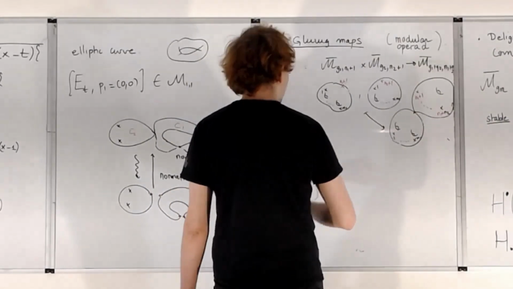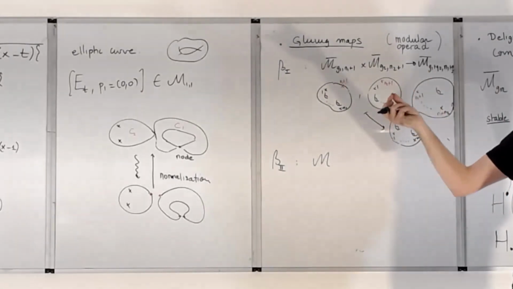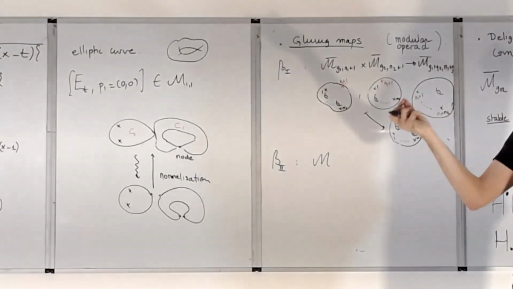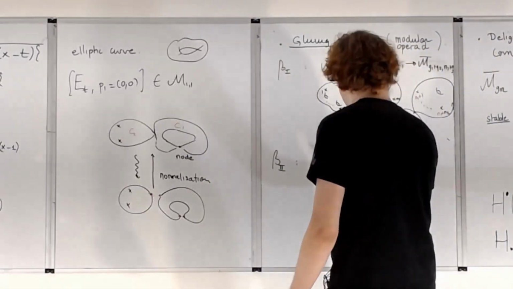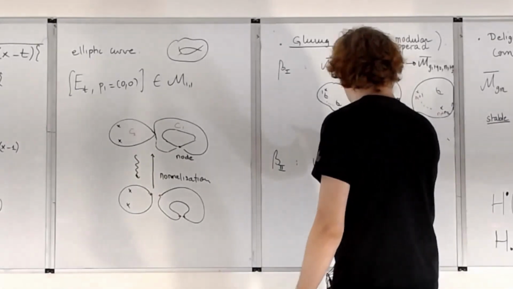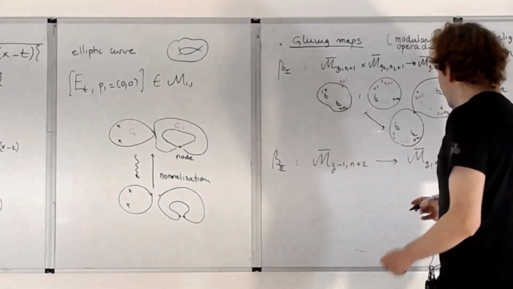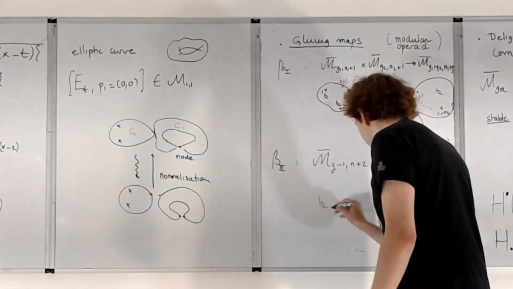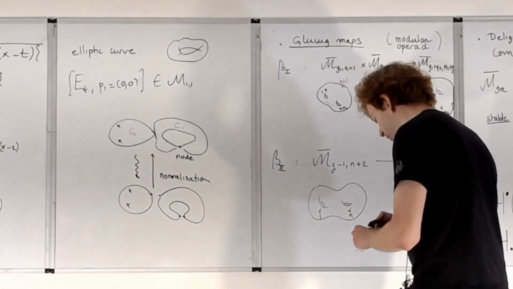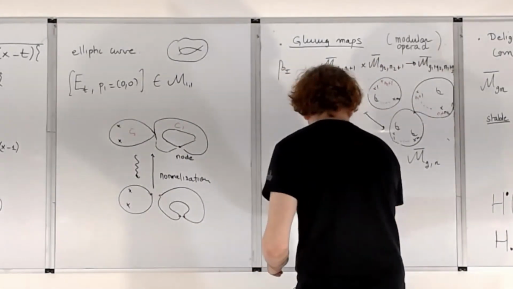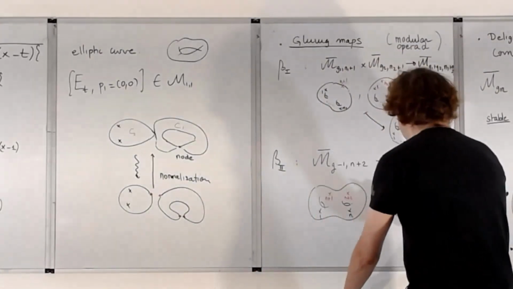And then I have another map, which is, instead of taking two components and gluing, you can also take 2 points in the same curve and glue them. In that case, you're going to create a sort of handle, but degenerate. So you would go from M_{g-1,n+2} and you're going to get a stable curve with n punctures, and the way it works: you have still the points, you have 2 points here, and you glue them.